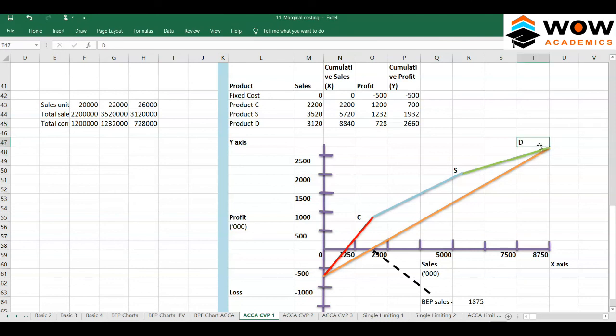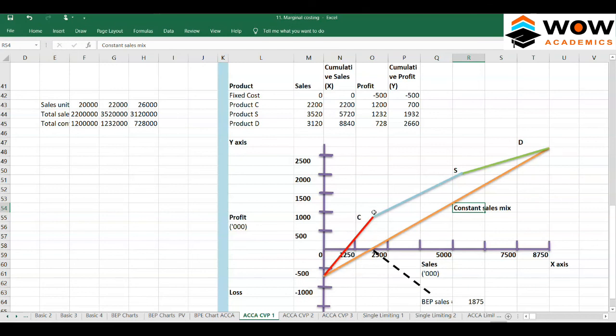So you can see here, what's the difference between the first line and the second line? Between the orange, this is the constant mix. That is, they are sold in a proportion. And here we are selling the highest PV ratio first, then the lowest one, then the lowest one. Usually the product which has the highest CS ratio will be very steep.